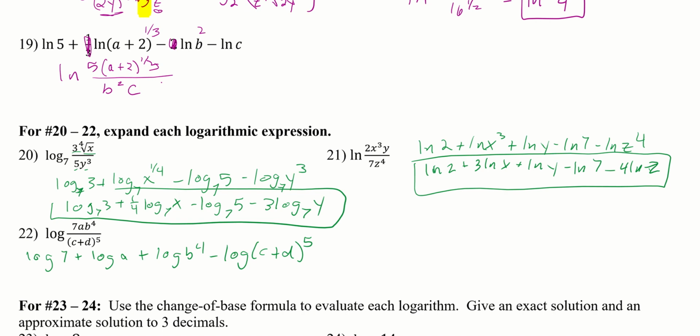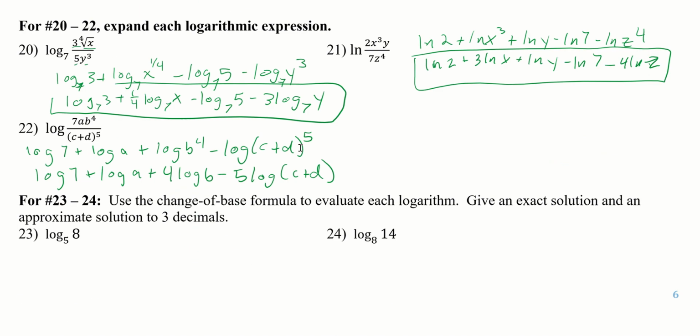We wouldn't see c plus d by itself in the denominator, but you could see c times d, right? But since we have those parentheses, they go together. So now we just have to rewrite it by bringing the powers down. And that's it, folks.